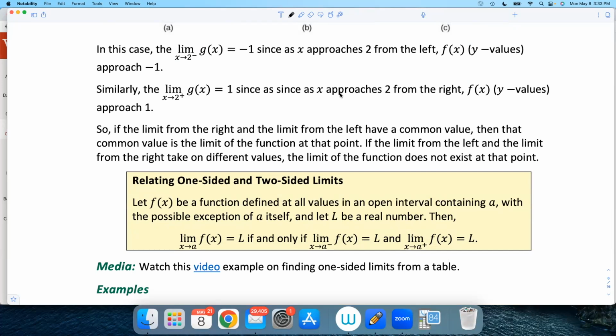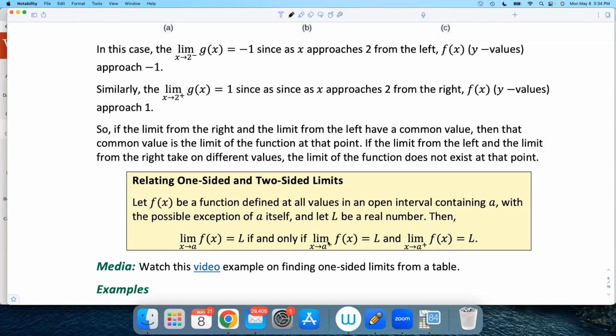What's the whole function doing? We've decided as mathematicians that that means what's it doing from both sides. So we say that a limit exists if and only if 3 things happen. Both one-sided limits exist, and they're the same thing.